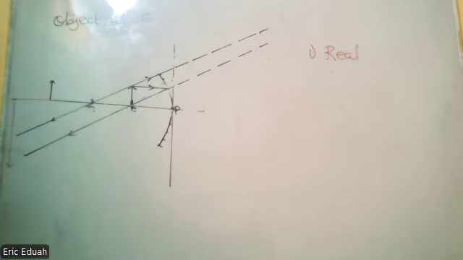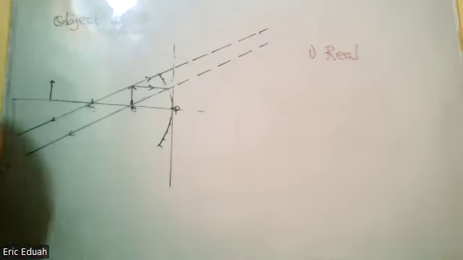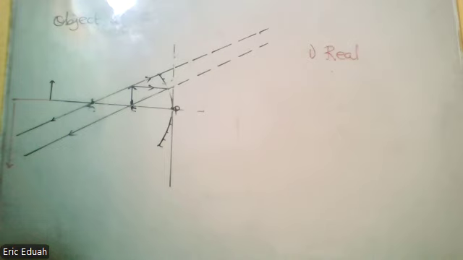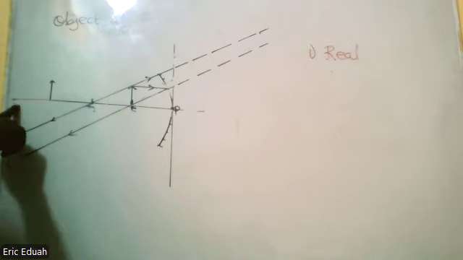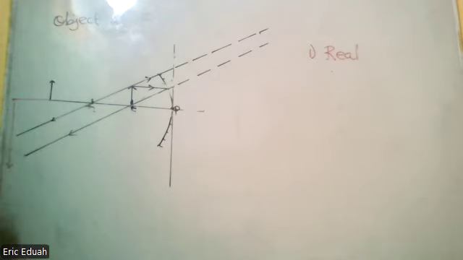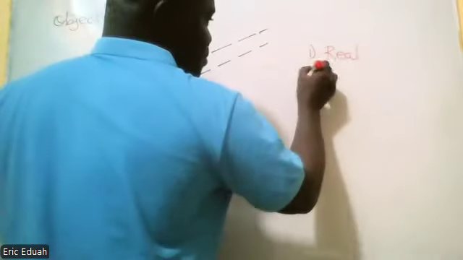Now, an inverted image means that it is real. So because the two rays will meet at infinity, the image will be inverted. Inverted implies that the image will be real. So image formed is real.